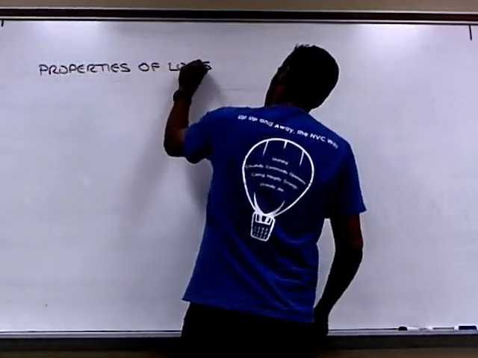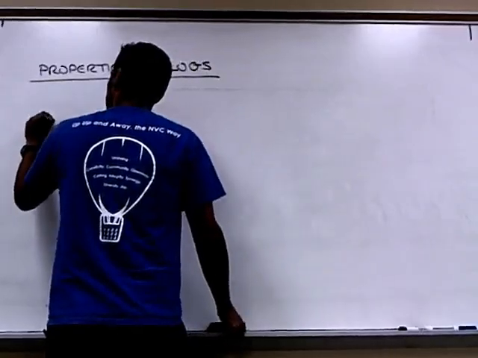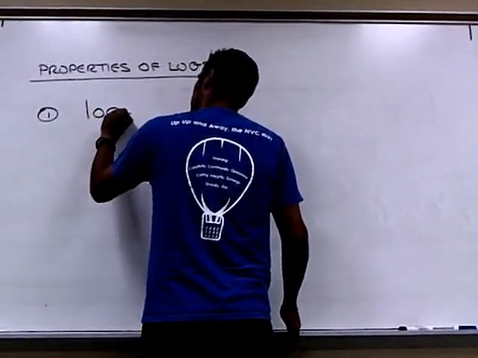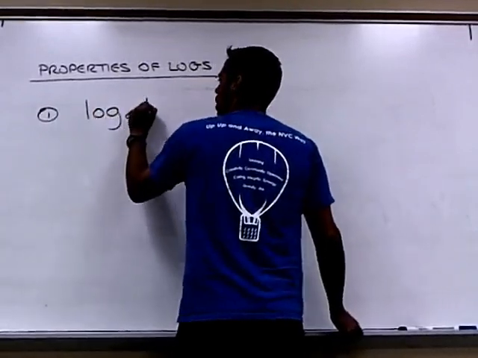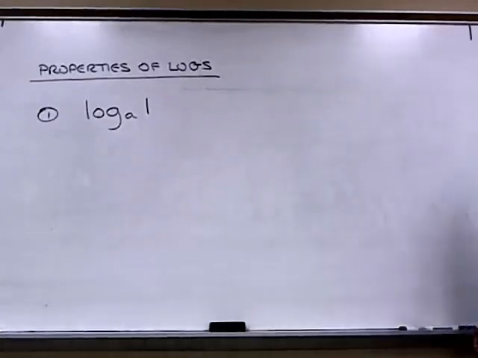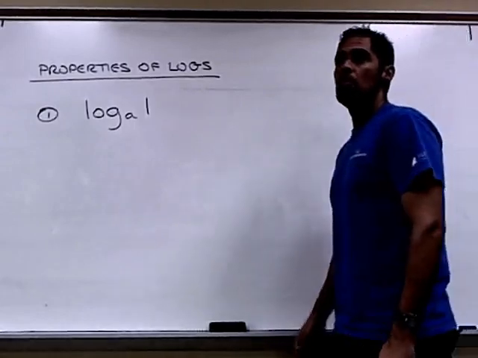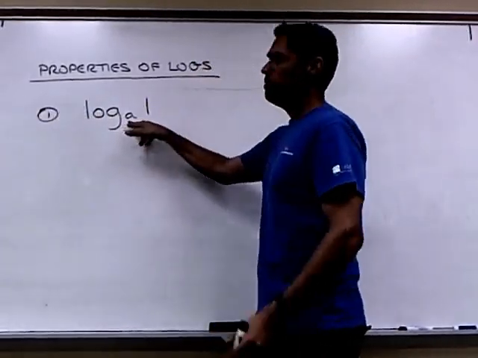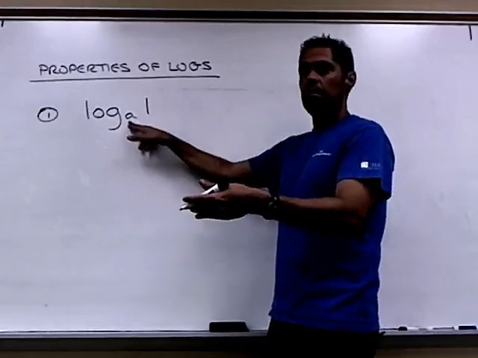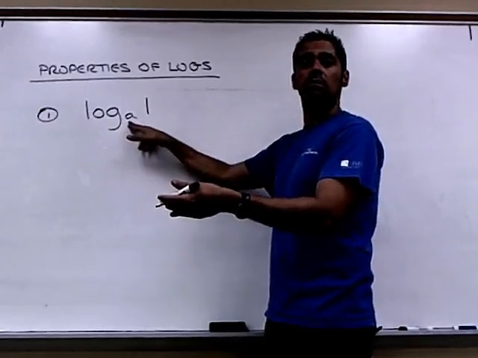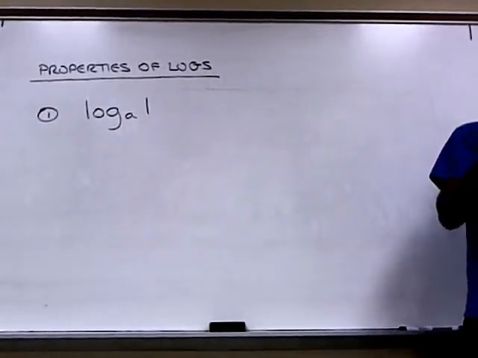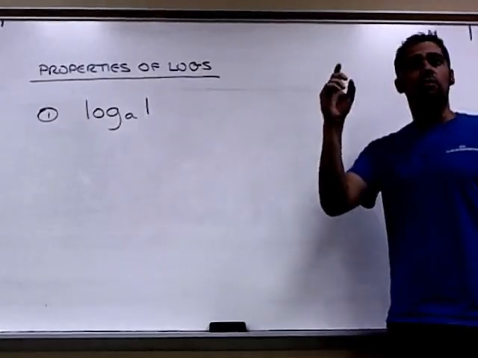Let's see if you understand this or not. Let's see, our first property. What is log base A of 1? So what's the question you're asking yourself? A, right, raised to what power gives you 1? 0, right? Anytime you take a number raised to the 0, you get 1.